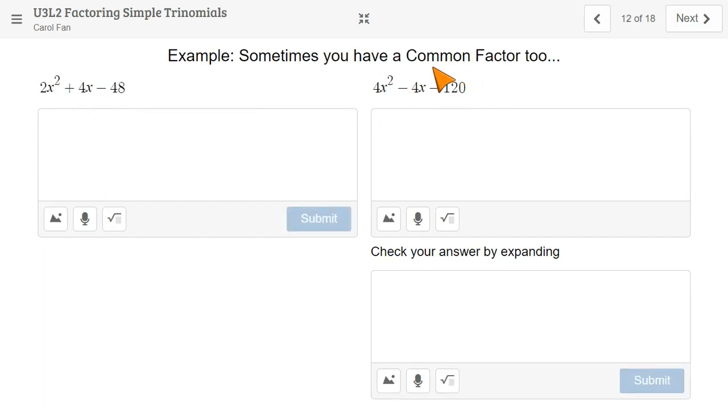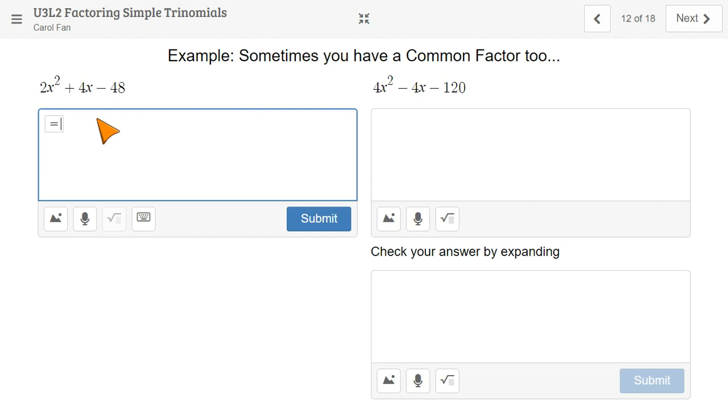Now, sometimes you might have to do two steps. There might be a common factor as well. So look at this example. We have 2x squared plus 4x minus 48. Since all of the numbers are even, I know that 2 is a common factor, and I'm going to factor that out. I take the 2, and for everything inside the bracket, I'm going to divide it by 2.